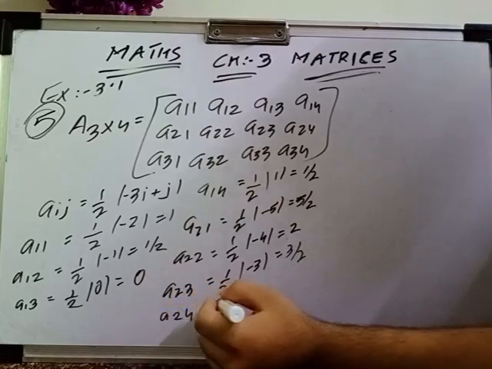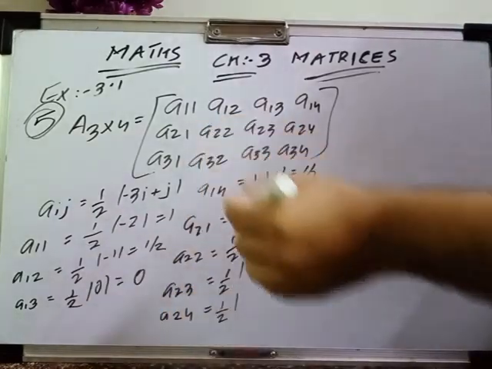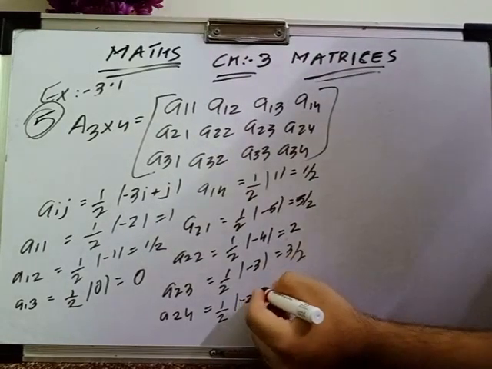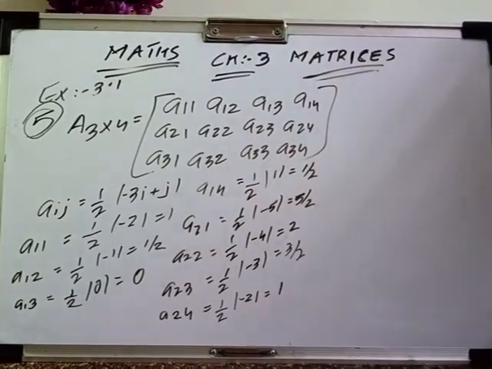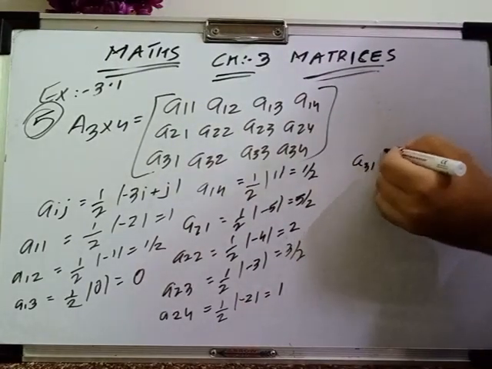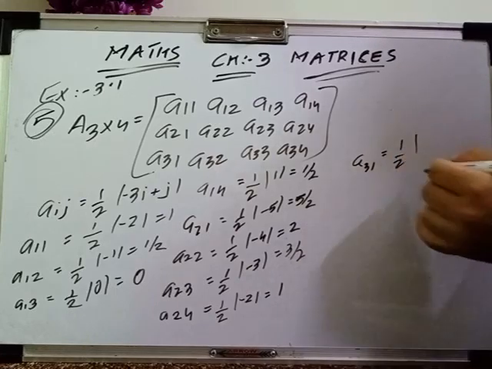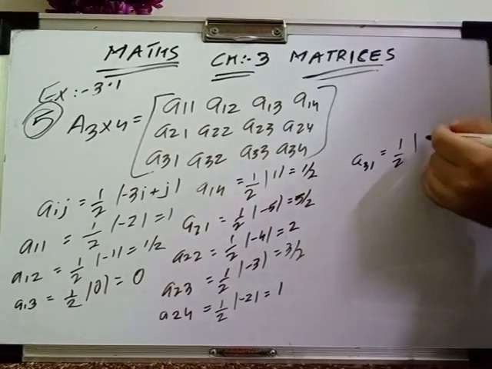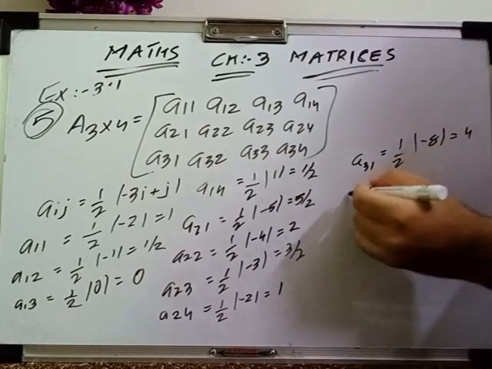A24 will give me minus 6 plus 4, minus 2, that is 1. Likewise A31 will give me minus 9 plus 1, minus 8, that is 4.